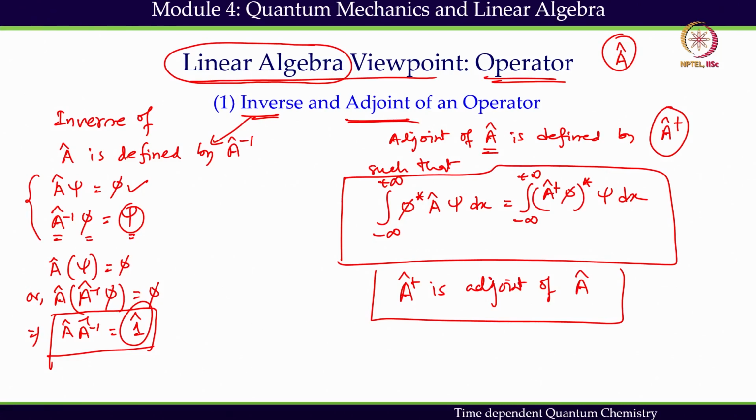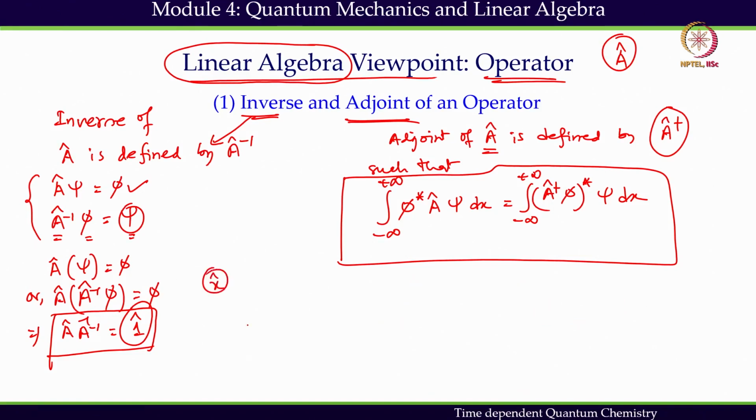Let's say we find the adjoint of the operator X. So let's say I start with the X operator. The X operator is nothing but multiplication by x. So I'll check the integral from minus infinity to plus infinity of phi star x psi dx.